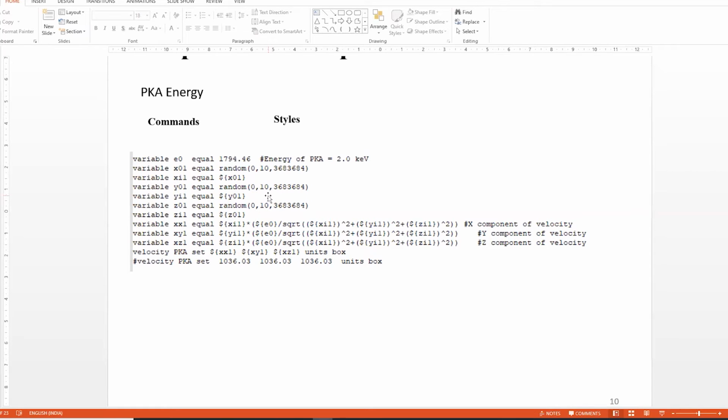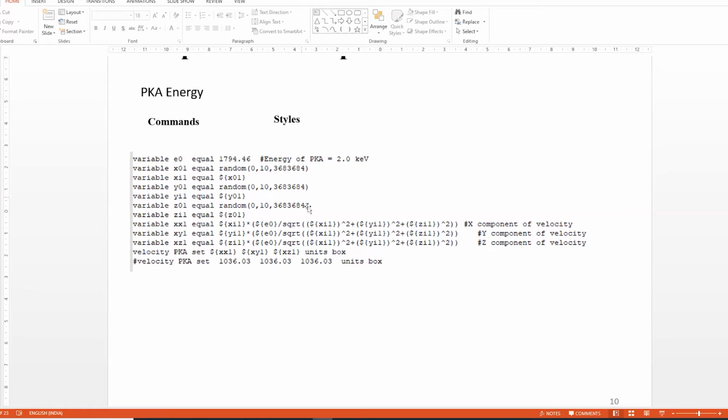What kind of defects will be generated in your material, and how will these defects propagate with time, how will this cascade take place? That is called an irradiation scenario.